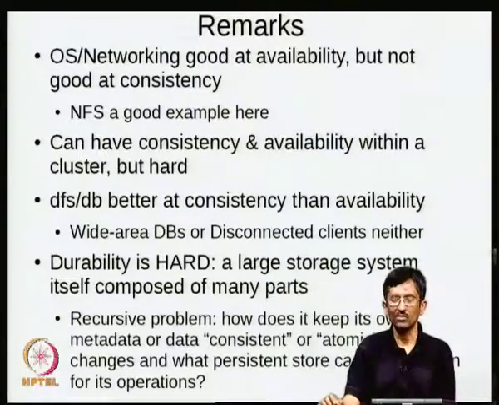So there is a fairly tricky issue here, and it is done by careful engineering to ensure that the problem becomes smaller and smaller, so that finally you can say with high probability I guarantee that something is persistent, and therefore the whole chain can stand on that assumption.